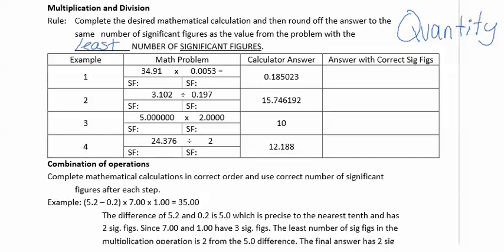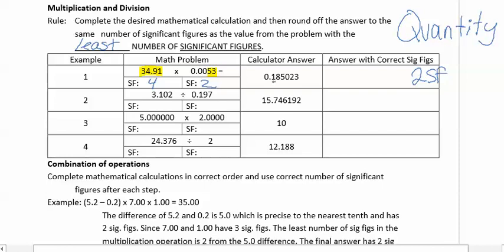So taking a look at our first example here, we have 34.91 times this very small number. So we have 4 sig figs in our first value and 2 in our second. So we're going to round to the least number. We need 2 sig figs in our answer. So we always take the 2 biggest sig figs.